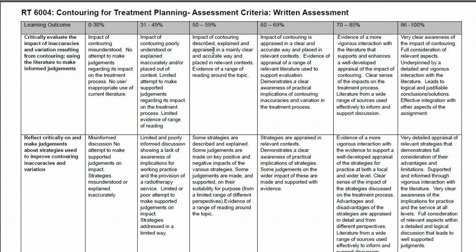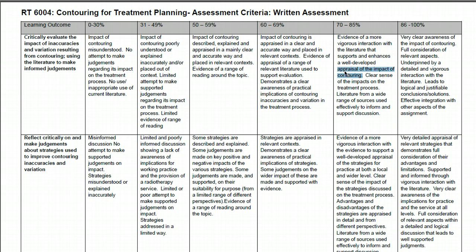Moving on from that, those things carry on throughout the different sections, but there are little add-ons. So to achieve a 50 to 59, but if you want to achieve up in the 60s, in addition to this, you need to demonstrate a clear understanding of the practical implications of contouring inaccuracies and variations in the treatment process.